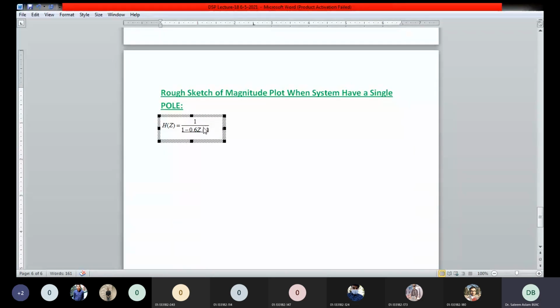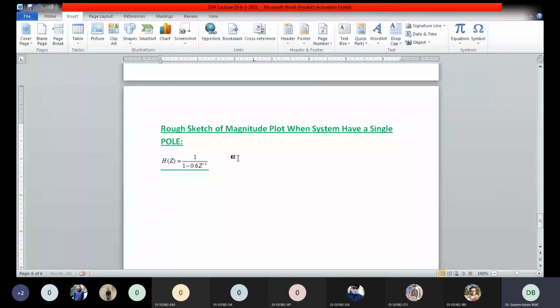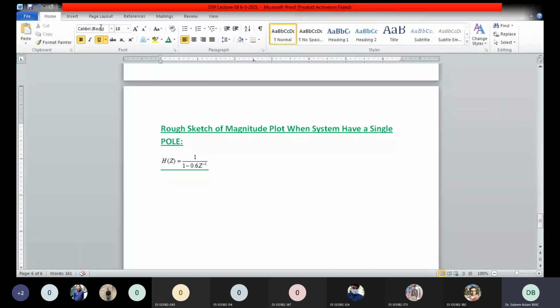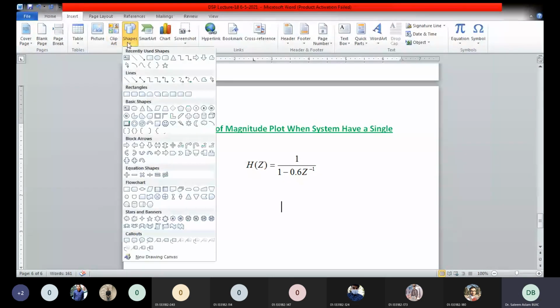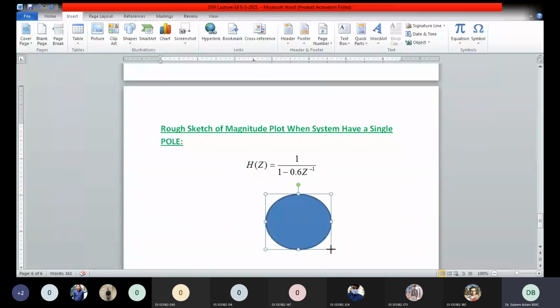Right, so it's similar. Since we have done a lot with the single zero case, we can do it very easily. I'll try to cover it quickly so we can jump to the next topic, which is all pass and minimum phase systems. Now you can see it is not in the numerator but in the denominator. If I try to draw the pole zero diagram of this system, it will look like this.